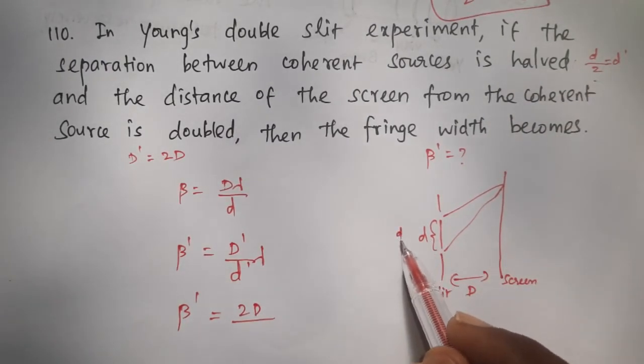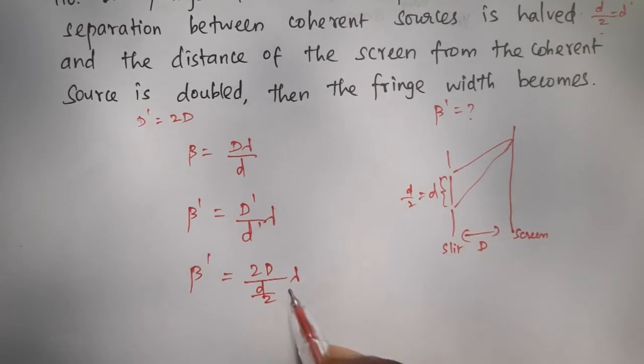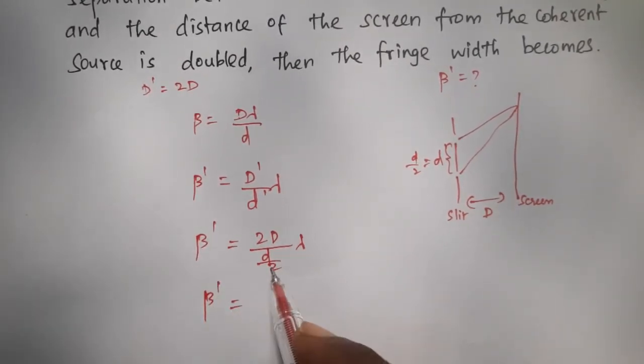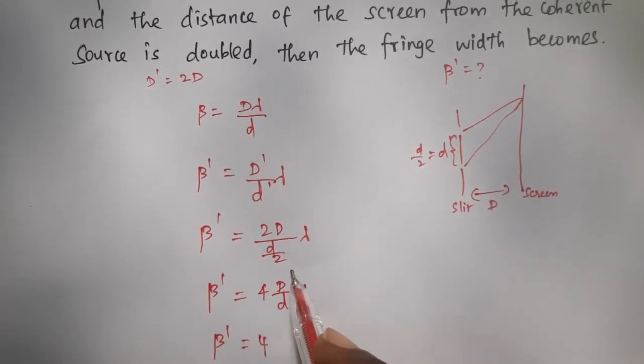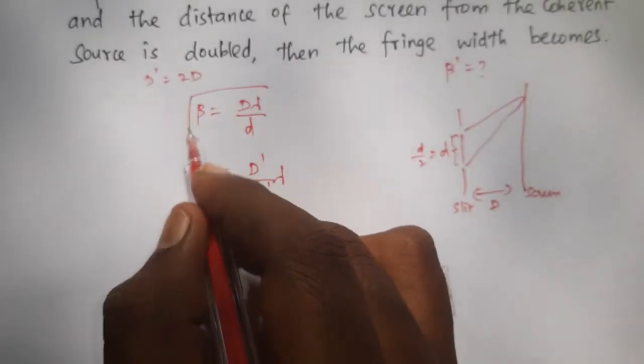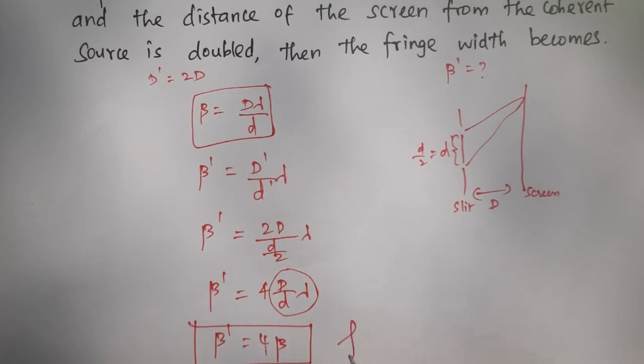So beta dash is equal to 2D by (d by 2) into lambda. Now this 2 will go to the numerator, 4D by d into lambda. This D lambda by d is nothing but beta. So beta dash is 4 beta. Now the fringe width increases 4 times.